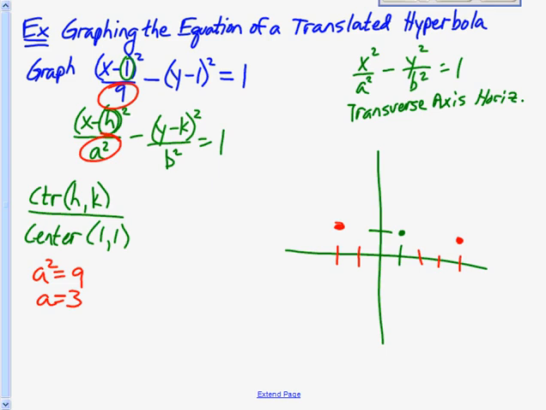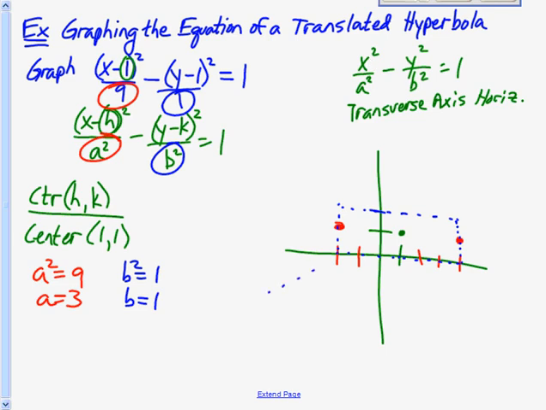Now the other thing is b squared. b squared is 1, so b is 1. And that b is just helping us to draw that imaginary rectangle. If I put my dots there, it helps me to draw the rectangle so I can have my slant asymptotes.